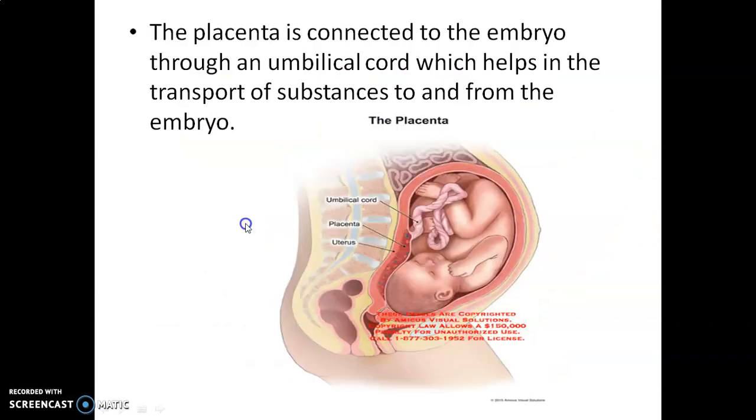The placenta is connected to the embryo through an umbilical cord. This is the umbilical cord. This placenta in red color is connected to the embryo through an umbilical cord which helps in the transport of substances to and from the embryo, that is oxygen and nutrients to the embryo and carbon dioxide and waste material from the embryo.